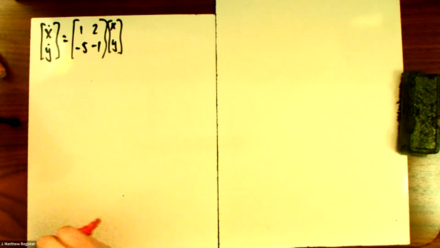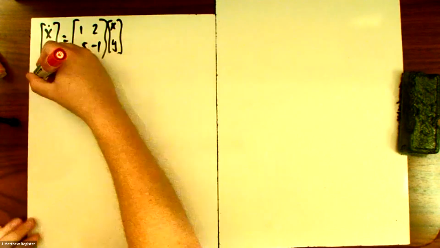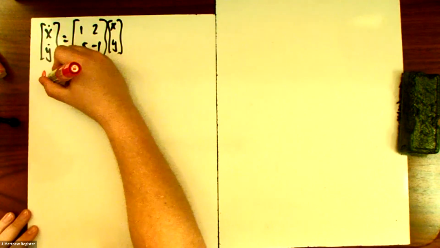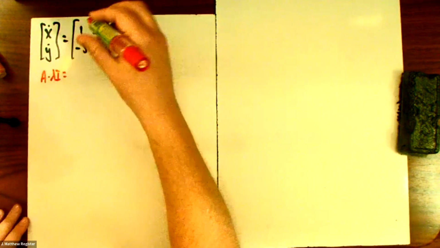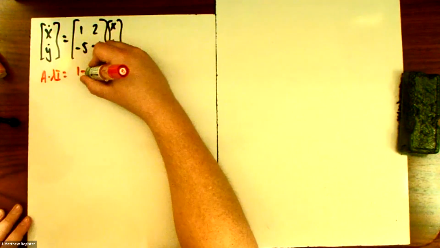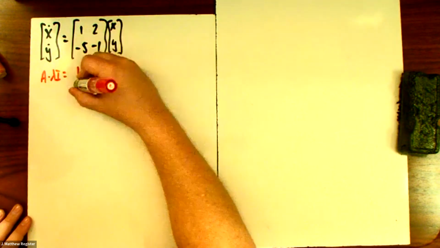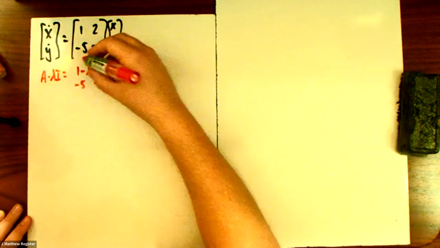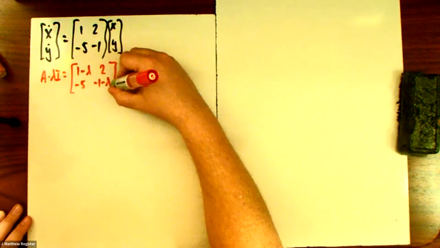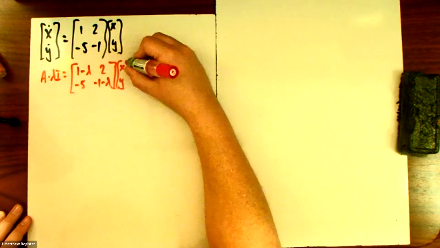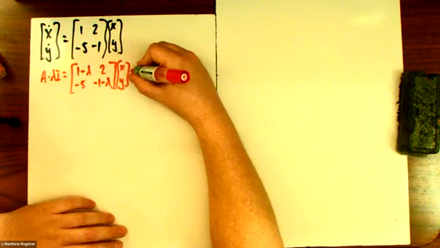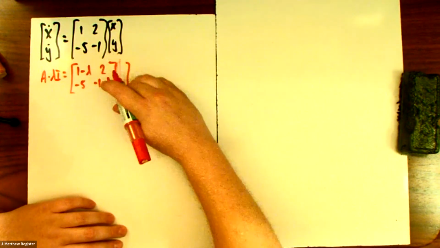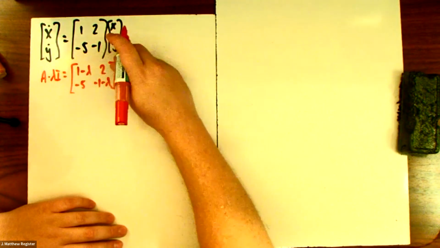We're going to start by doing A minus lambda I, which will give us 1 minus lambda, 2, -5, and -1 minus lambda. We don't need the vector quite yet. That'll be a little later.